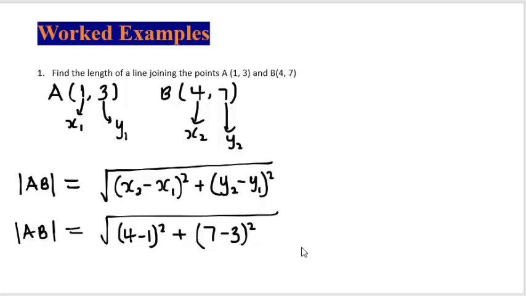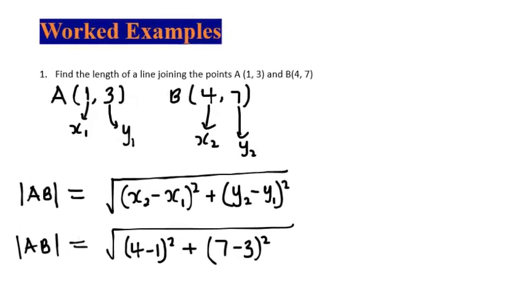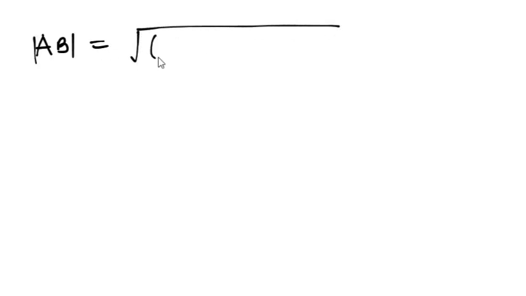So the distance AB was the square root of 4 minus 1 squared plus 7 minus 3 squared.